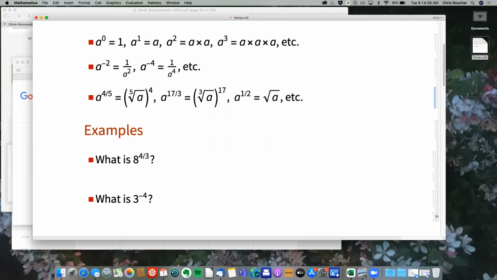What about the other one, 8 to the 4/3? Can someone tell me what that means? So you take the root of 8. What root of 8 do you take?